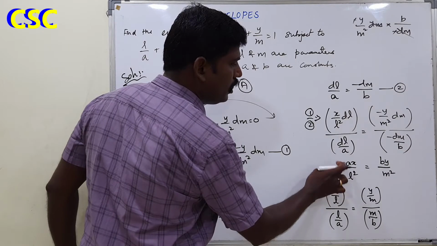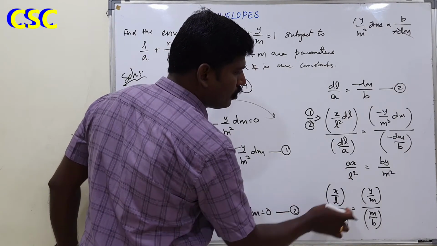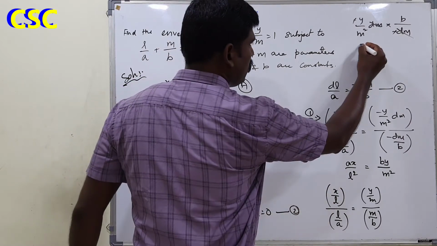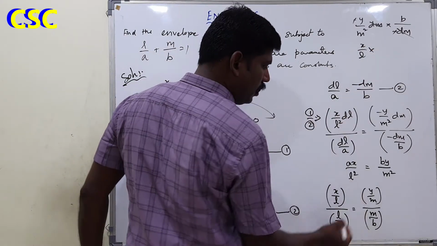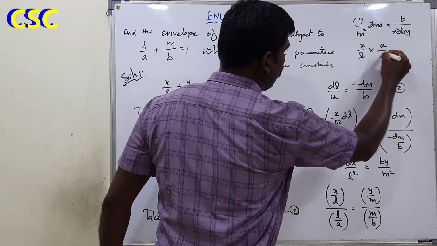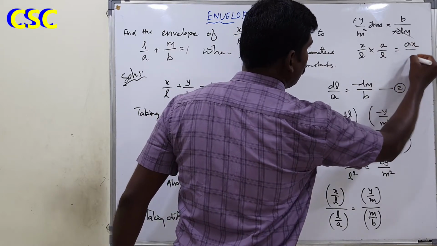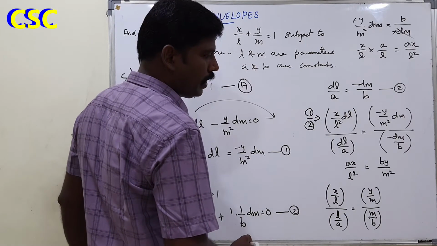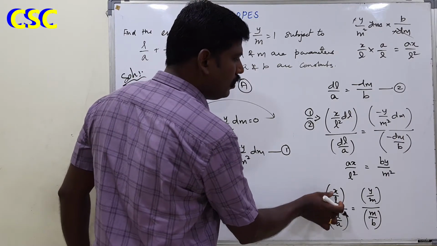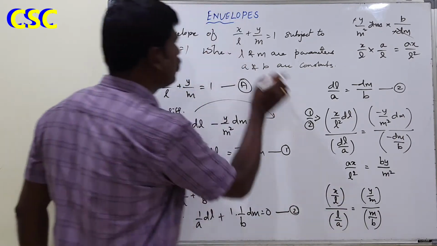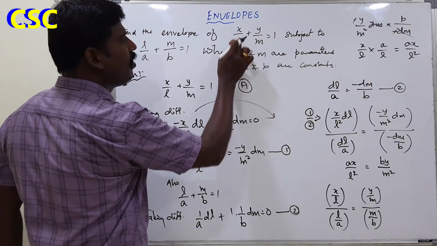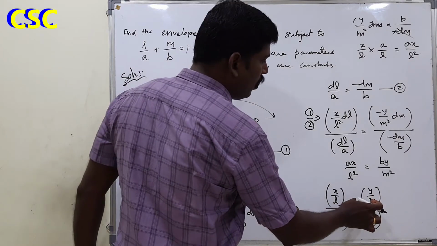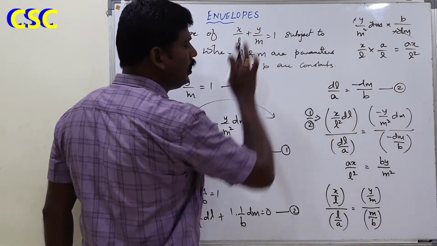X by L is in the numerator. What is remaining? L. So that can be written as here A. By taking reciprocal multiplication, what will you get? X by L into reciprocal multiplication, you get A by L, isn't it? That is equal to Ax by L square. That is the same as this previous one. Okay, right? Why am I writing this form, x by L? Because the given family of curves is in the form of x by L. That's why I keep that x by L in the numerator. The same on the right hand side, I keep y by m on the right hand side.